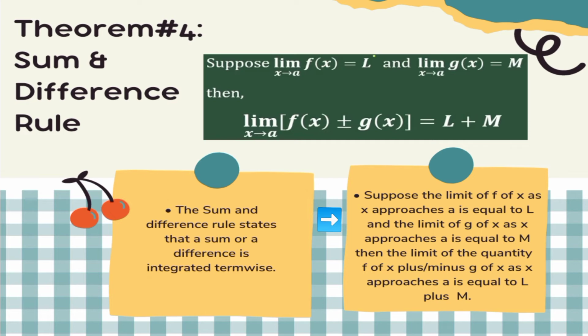Then the limit of the quantity f of x plus or minus g of x is equal to L plus or minus m. To illustrate, let's have our example.